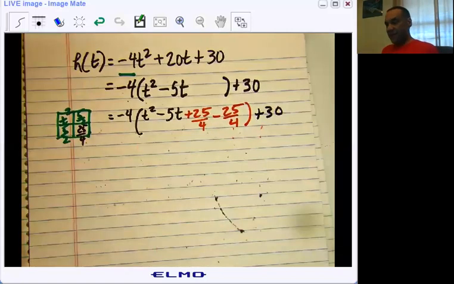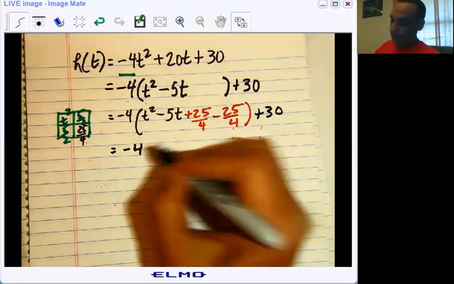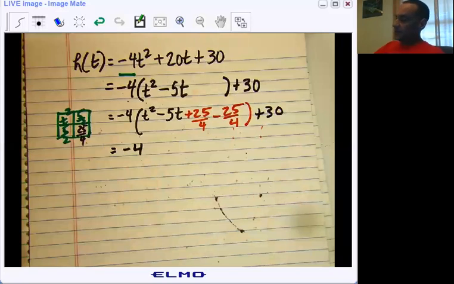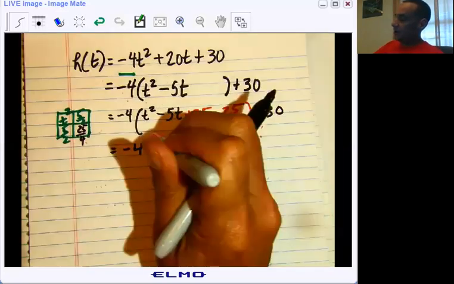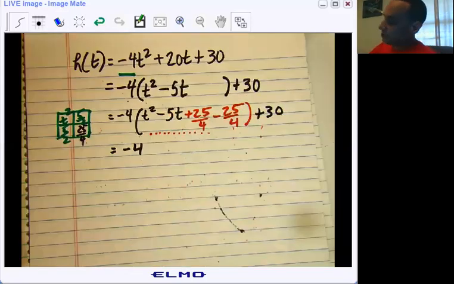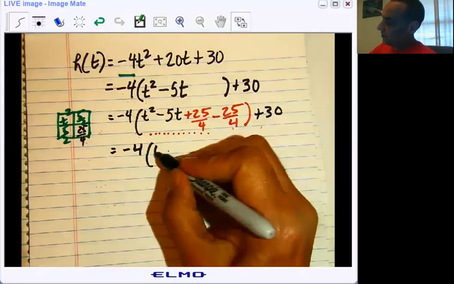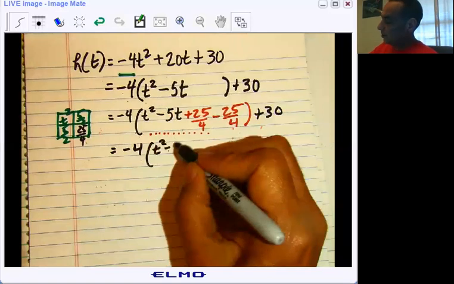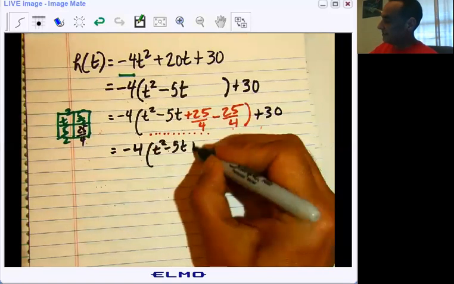Now what's going to happen here is that -4 and this particular part of the expression is going to generate a trinomial. And I'm going to go ahead and just write it like that.